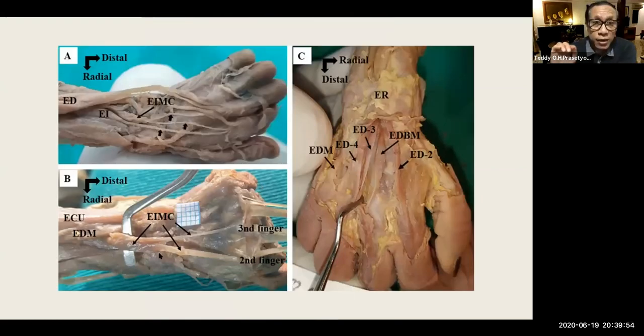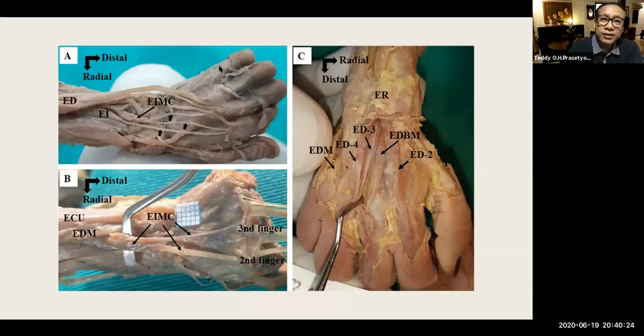All right, I think this is an example of the number of extensor digitorum communis tendons being more than expected. If we think 1, 1, 1, 1, there are 4, and also another one because of the extensor indicis proprius for the index, and also extensor digiti minimi, which is different from the EDC for the 5th finger, right?